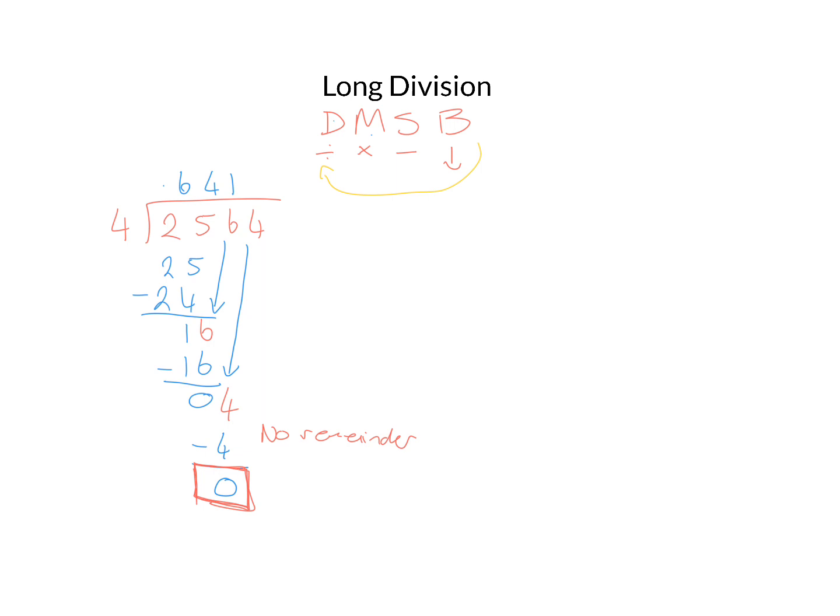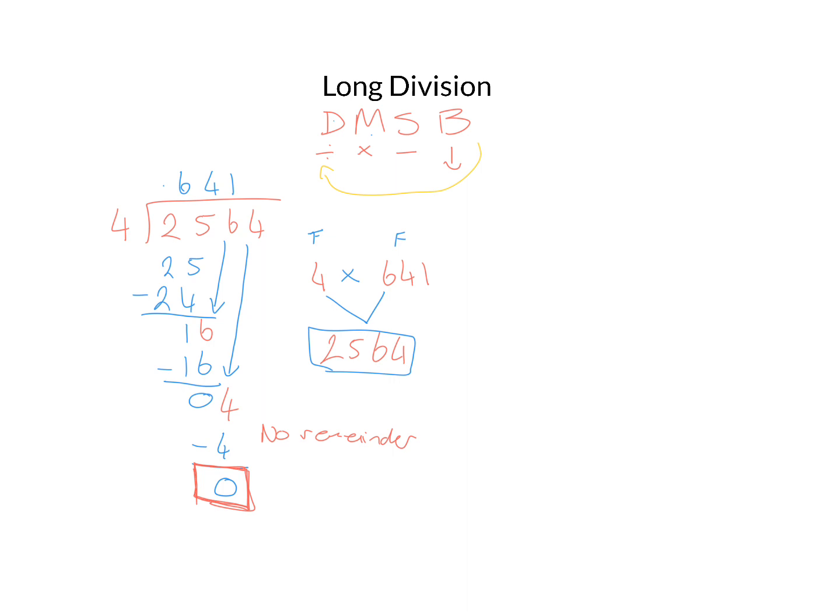Which in algebra means that the 4 and the 641 are both factors of the 2564, meaning that if I multiply those two, I get 2564. So this is a factor of 2564, and so is the 641.